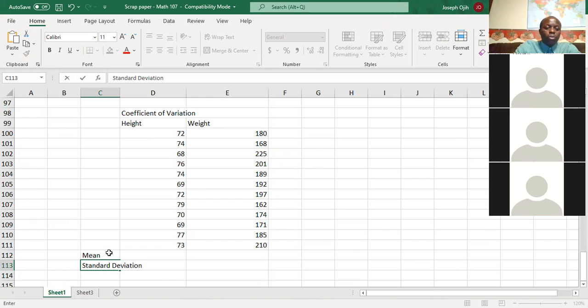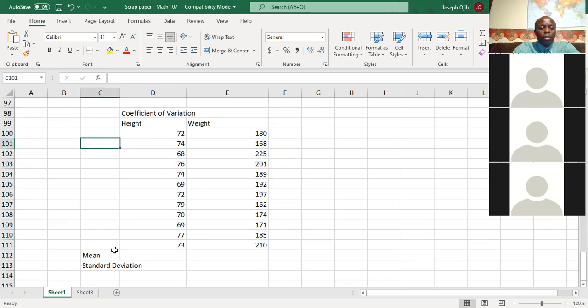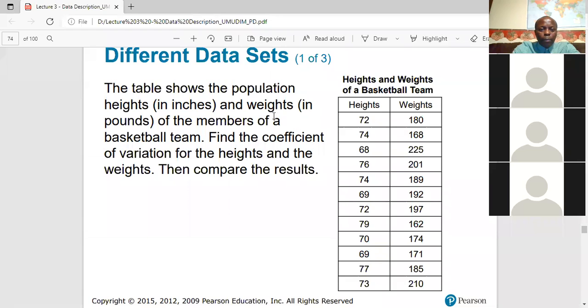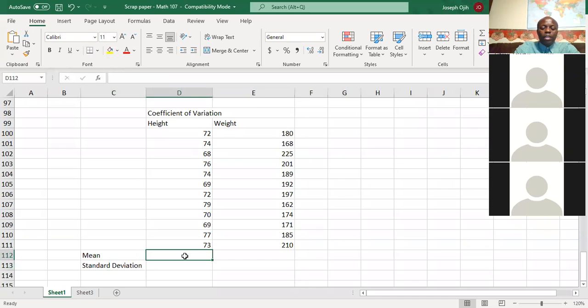Okay. Since we're using a sample of these, let me make sure. Yeah, weight of members of a basketball team. Okay, good. So for the mean, we use equals.